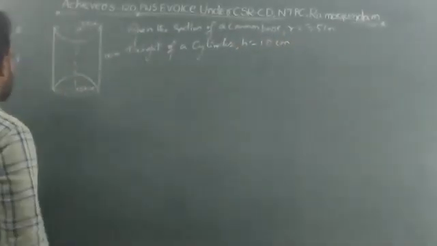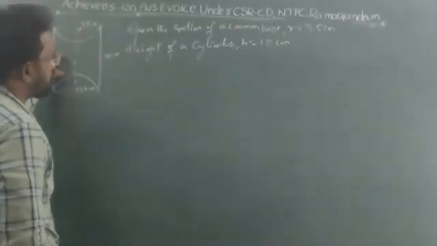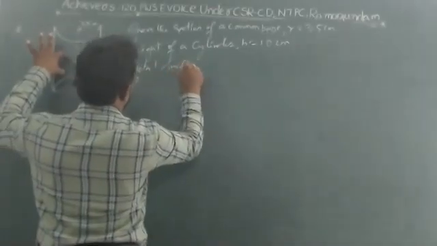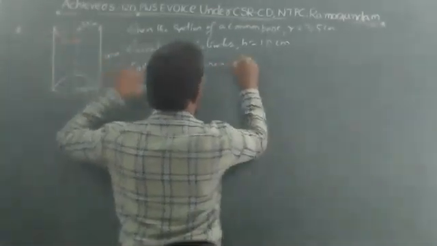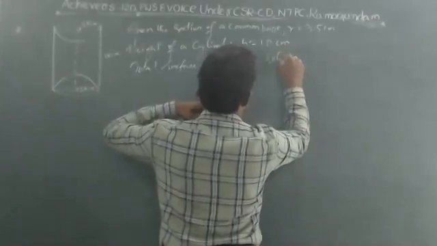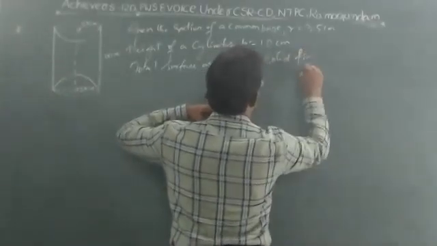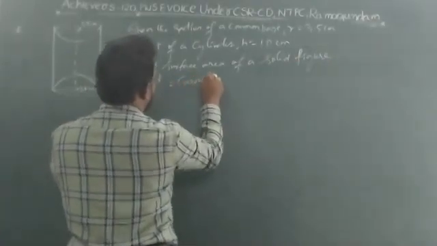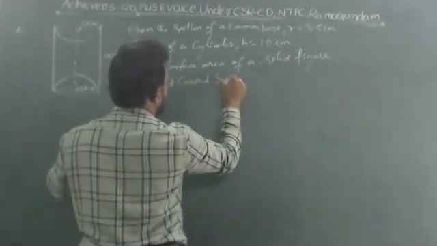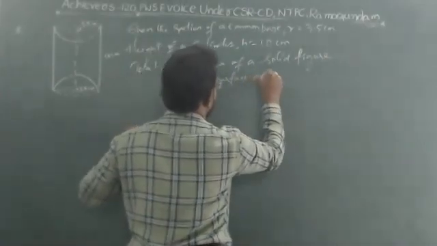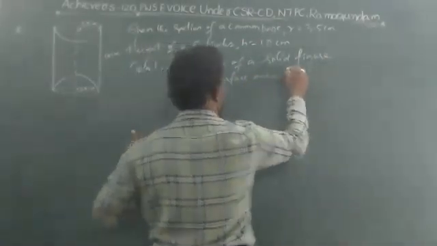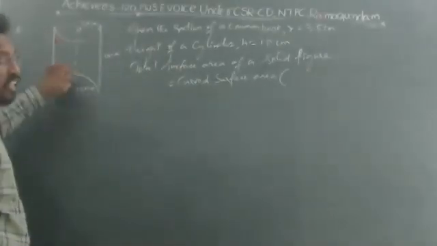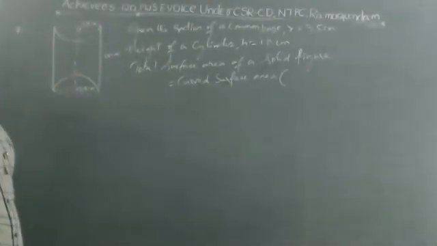Now, the total surface area of a solid figure. Total surface in the sense what one? Curved surface area. Curved surface area of two hemispheres are there here for your kind information.